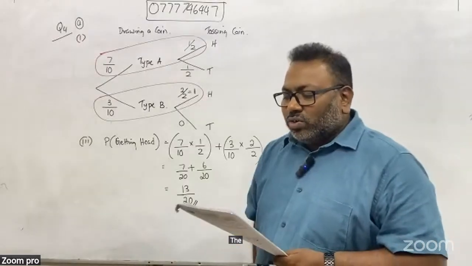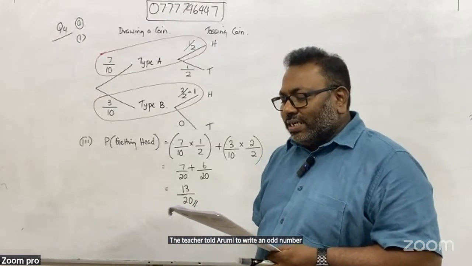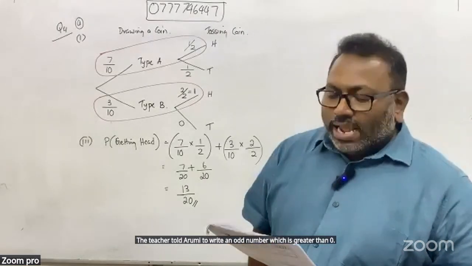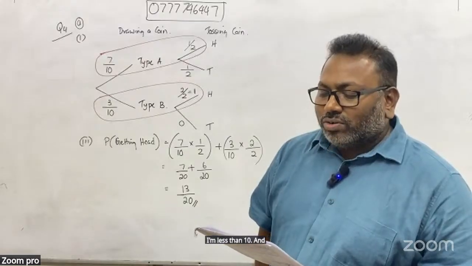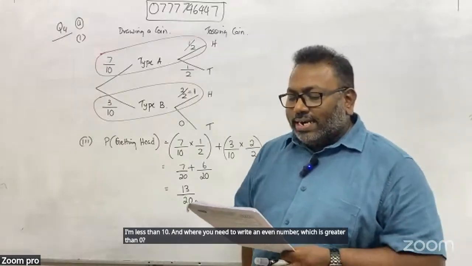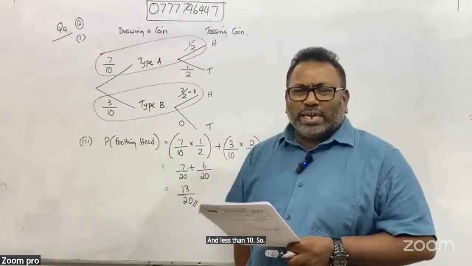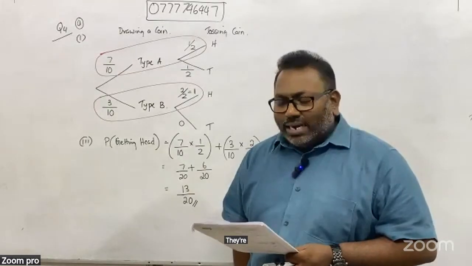The teacher told Aruni to write an odd number which is greater than 0 and less than 10, and Varuni to write an even number which is greater than 0 and less than 10. So we know how to write that, even numbers and odd numbers. They are saying calibrate the axis.